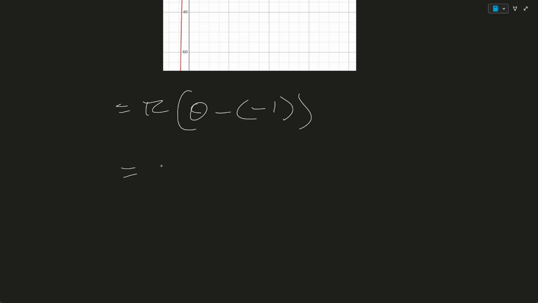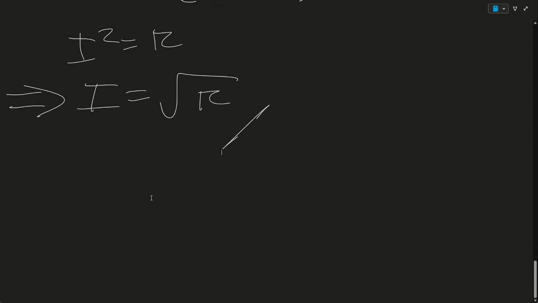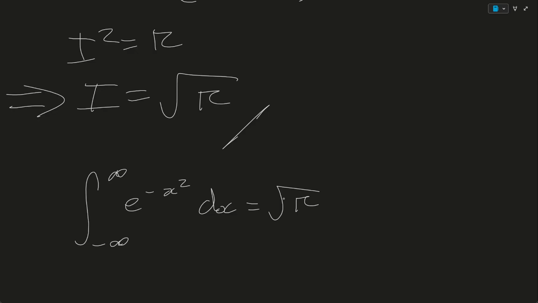Well, it is pi. So I squared is pi, therefore I is root pi. And so we can conclude that the integral from minus infinity to infinity of e to the minus x squared dx is equal to square root of pi.